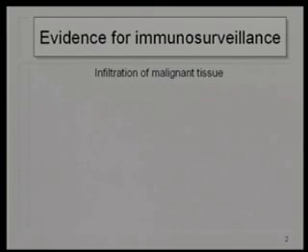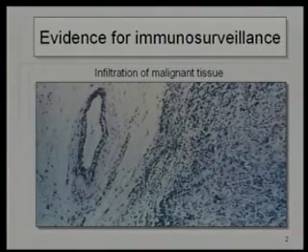The evidence for the role of immunosurveillance in malignancy is, first of all, that there is an inflammatory response in the tumor. Early on it was observed, and if one looks at it, one can see mononuclear infiltrates in tumors.